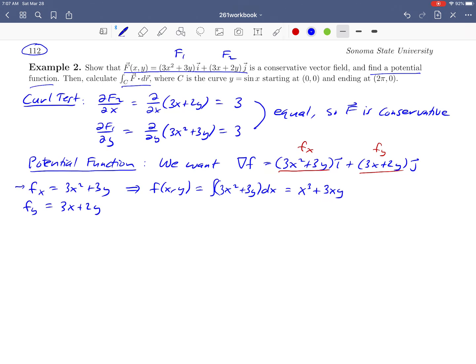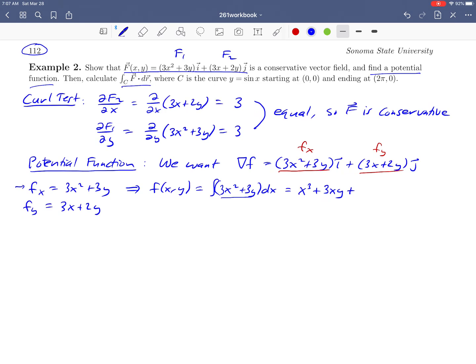Okay, but there's a term missing here. What happens when you take an indefinite integral? You need a plus c on the end. But there's a little bit of a catch here. We've got two variables involved in this integral that we're taking, and we're treating y as if it's a constant.